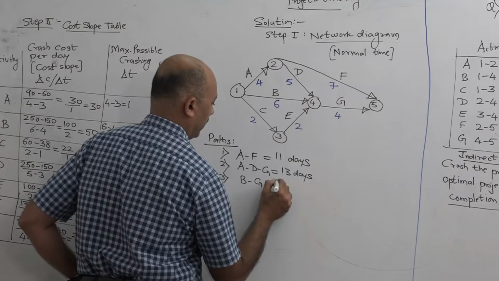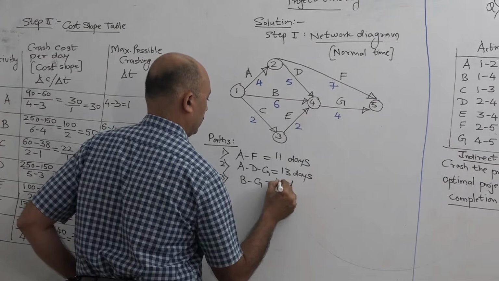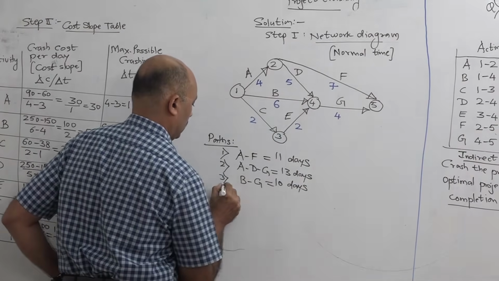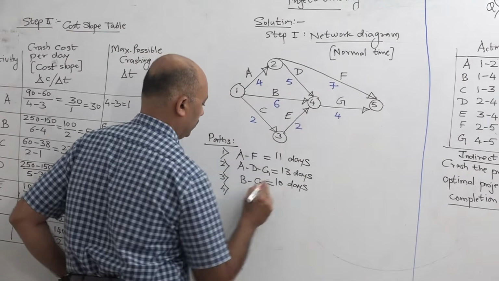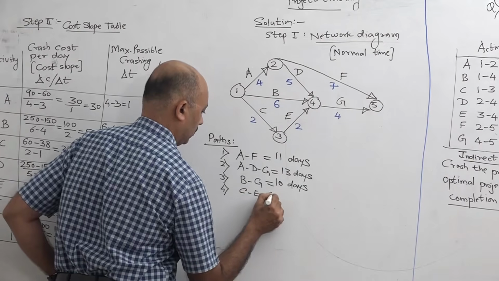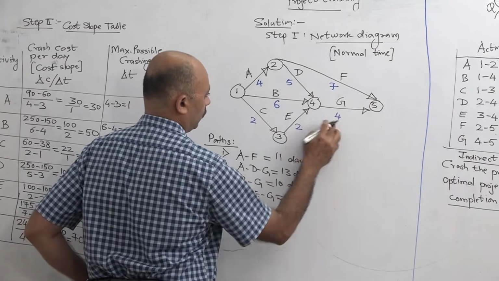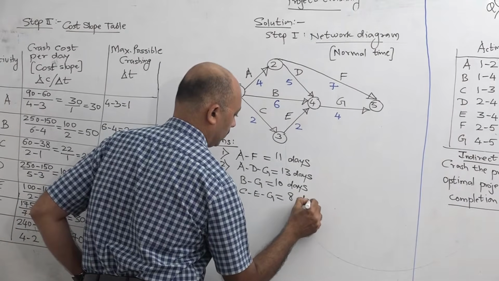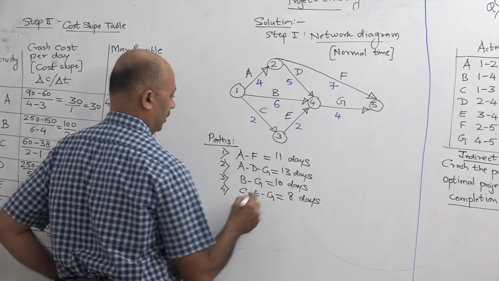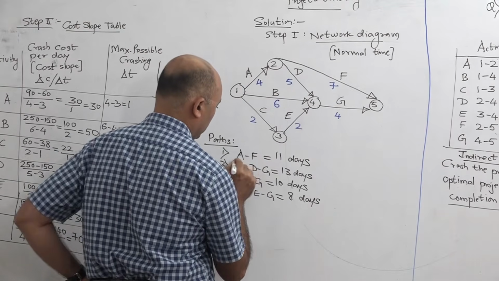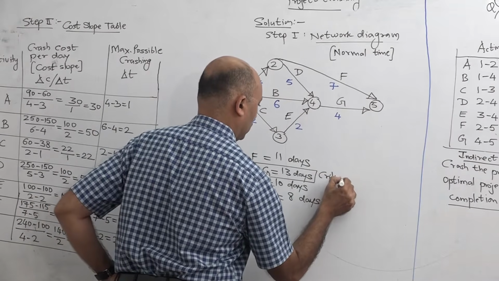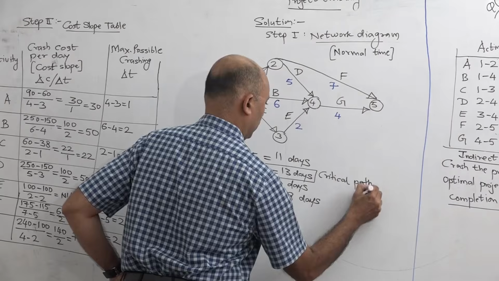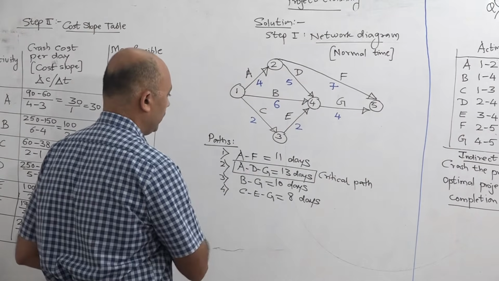That is 6 plus 4, 10 days. Fourth path is CEG. That is 2 plus 2, 4, 4 plus 4, 8 days. So 4 paths are there, and the longest path is ADG, 13 days. So this is our critical path. Okay, so we will highlight ADG.